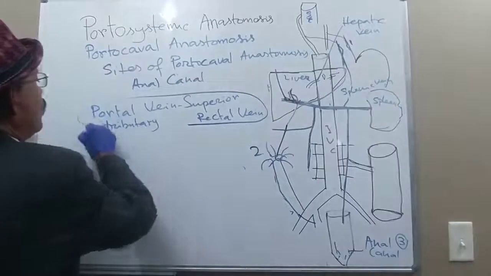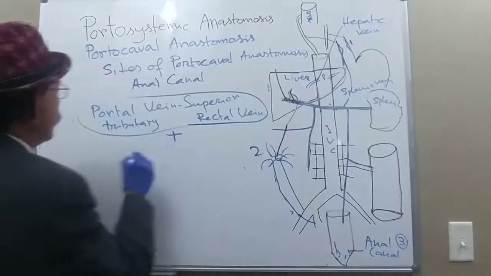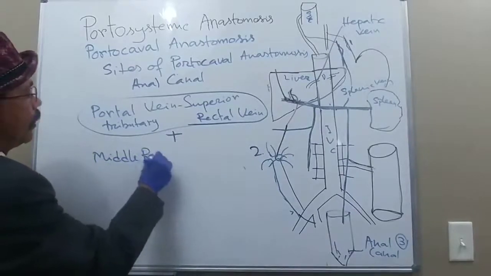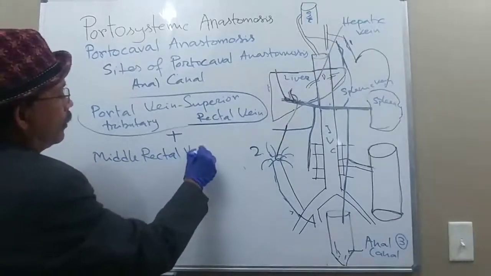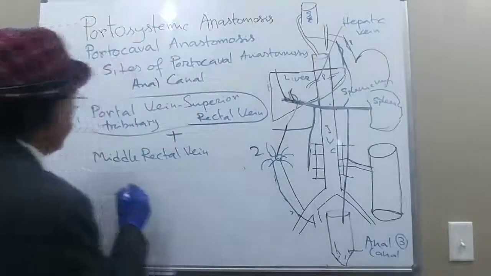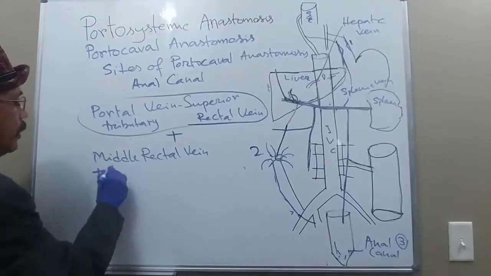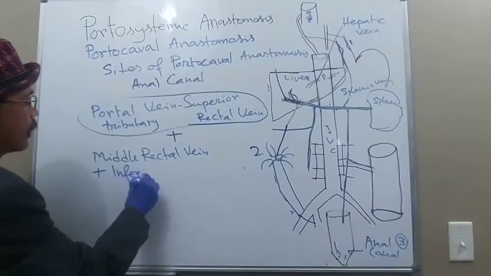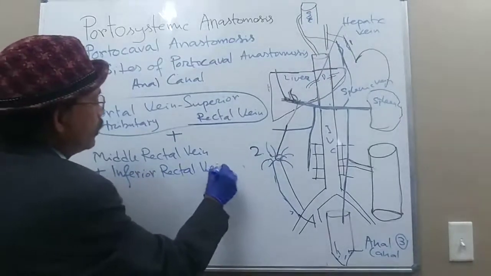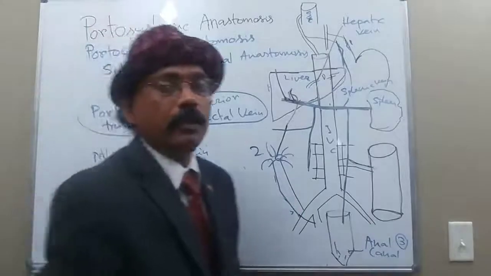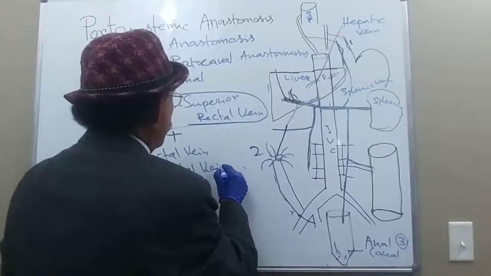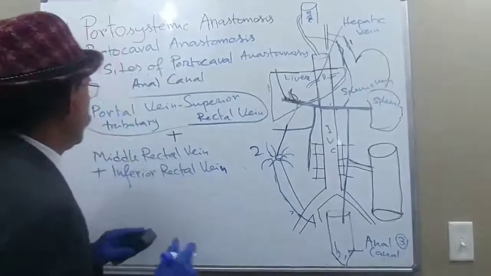The portal vein tributary will anastomose with the middle rectal vein, that is a tributary of the internal iliac vein, and the inferior rectal vein, that is another tributary of the systemic system.